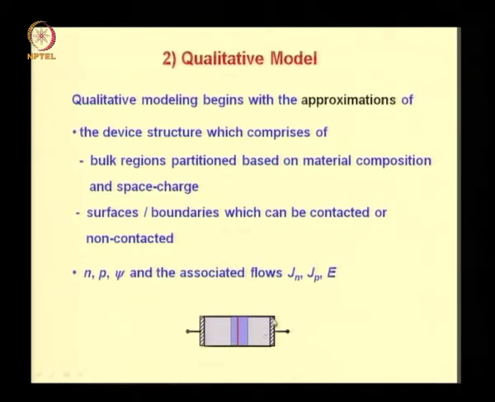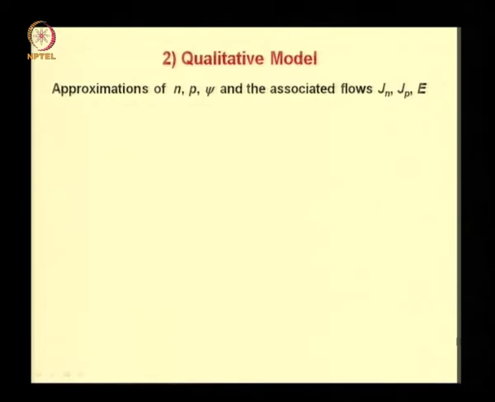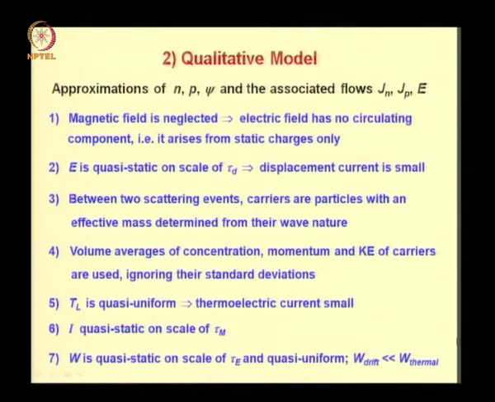Here you have these contacted boundaries and these boundaries are non-contacted. Approximations of n, p and psi and the associated flows Jn, Jp and E. So we discussed 7 approximations associated with these n, p, psi, Jn, Jp and E.